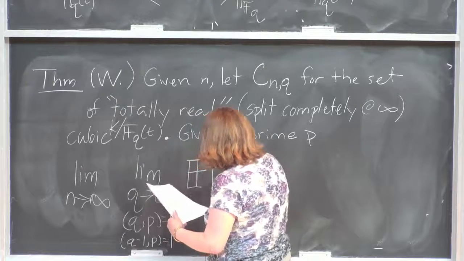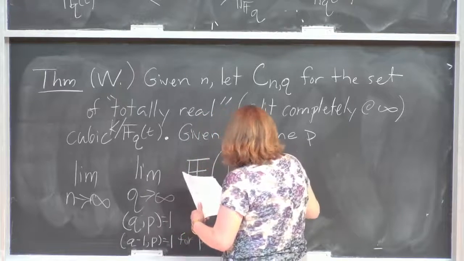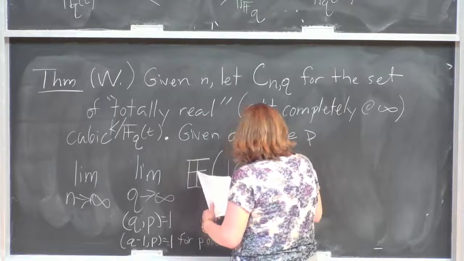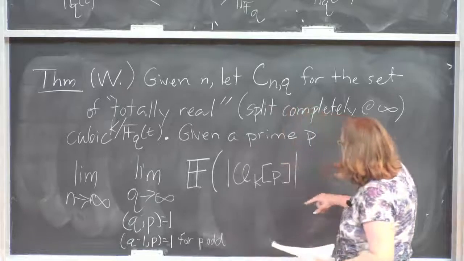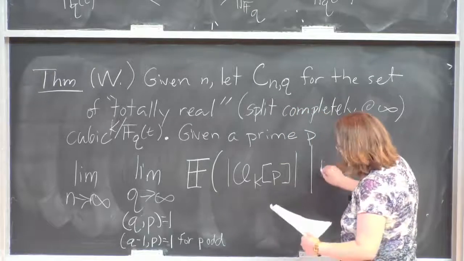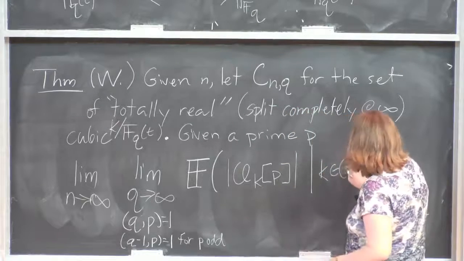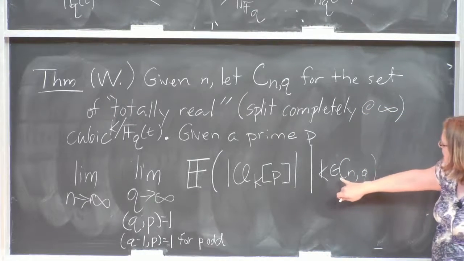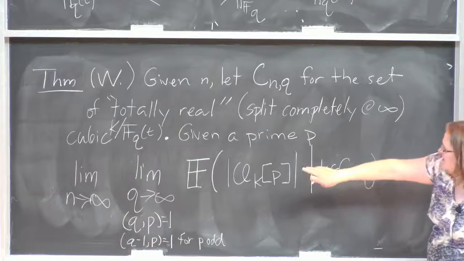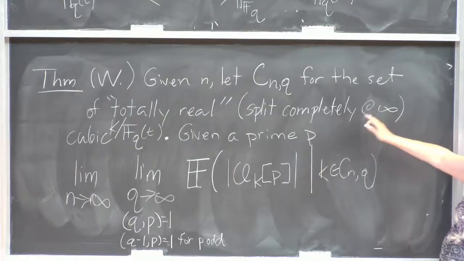Okay, and now I'm going to write it in this funny way, as if it were conditional probability, just to remind us I'm taking K to be one of these, totally real, split completely.